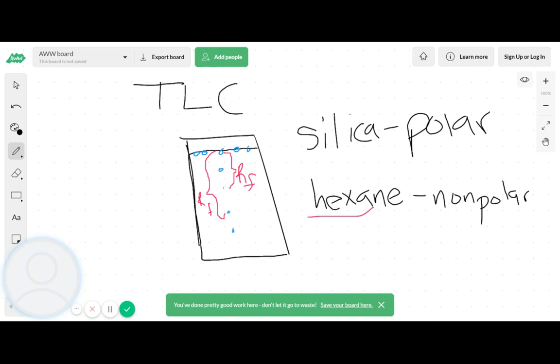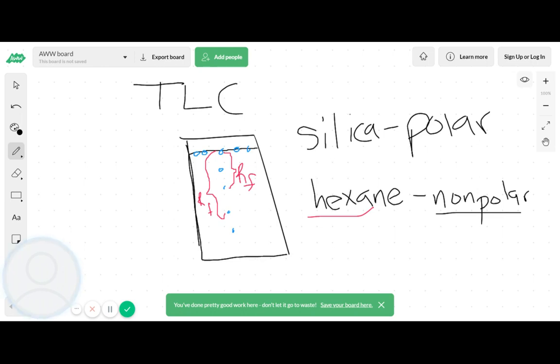This means these components aren't traveling down as fast as this component. So that means this one has more affinity for your polar silica gel, and that means it's polar, because polar wants to stay with polar. A lower RF value would be polar in this case, and something that's traveled further down would have a higher RF value, and a higher RF value indicates something that's nonpolar.